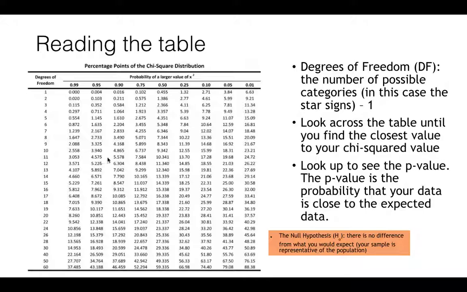So what this tells us is that there is between a 90 and 95% probability, so the numbers are up here, 90 to 95% probability, that the differences between our sample data and our population data are just due to chance. You just happened to pick people who were mostly Aries. There's nothing special about teachers. Teachers aren't necessarily all Aries.